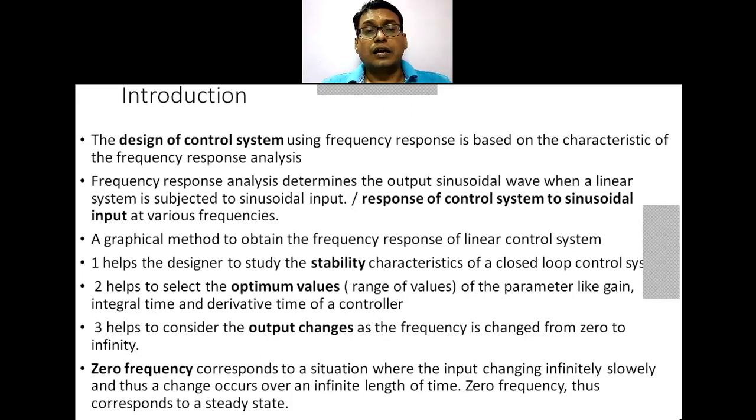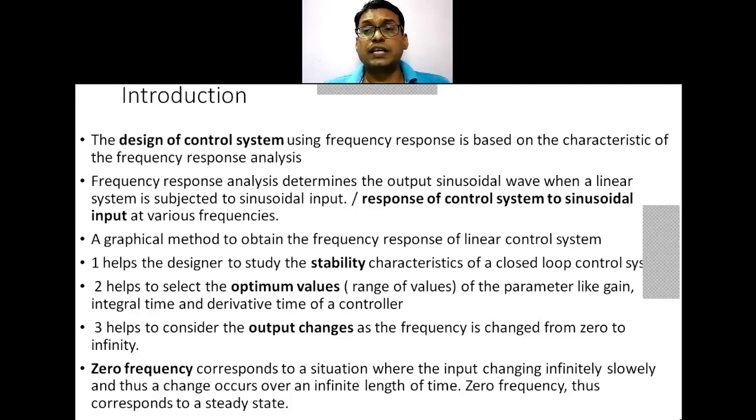Then it gives you the optimum values for your K, tau I and tau D. And the third thing, it helps to consider the output changes as the frequency changes from 0 to infinity.